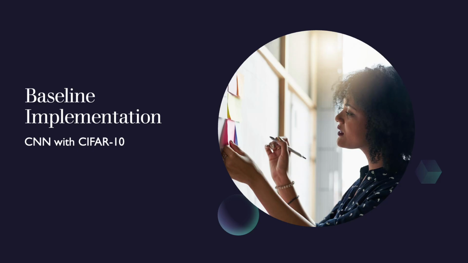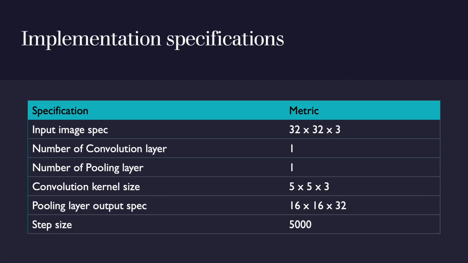Now, let's dive into the baseline implementation. Here is an overview of the implementation specifications. We are using images from the CIFAR-10 dataset. Each image dimension is 32 cross 32 cross 3.